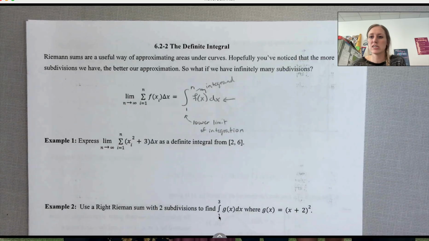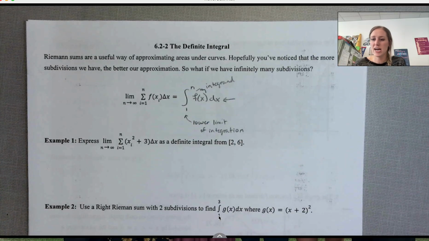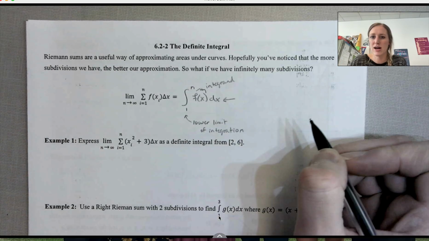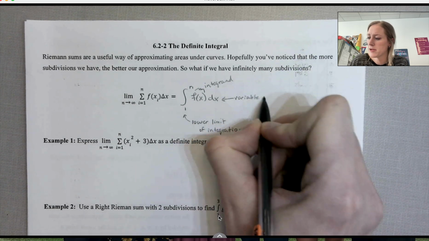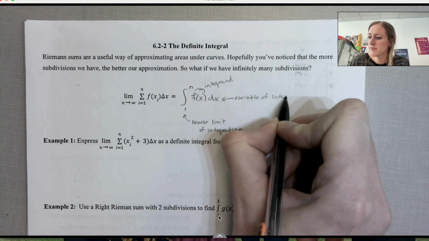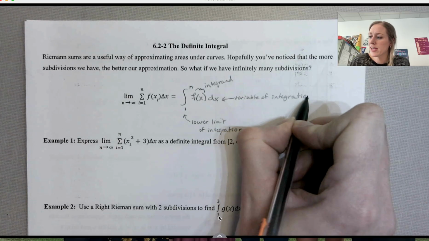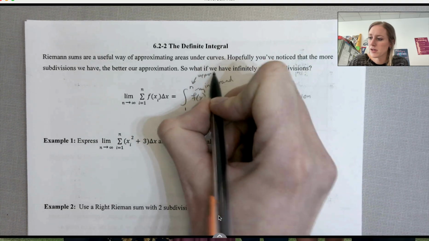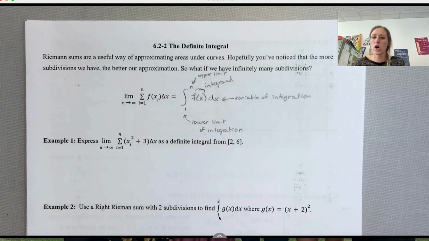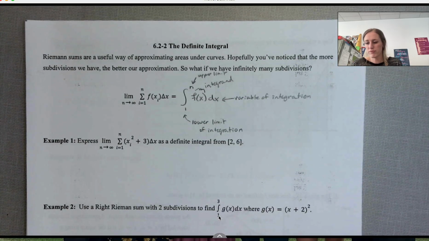It could be dt, du, ds, whatever it is. So whatever variable there, that is our variable of integration. And then our upper limit is here. Okay, so those are the different parts of an integral, okay?